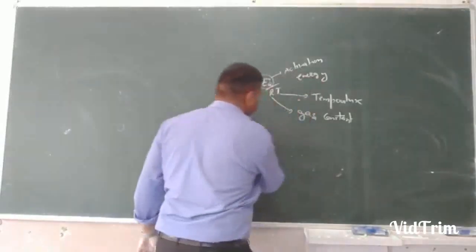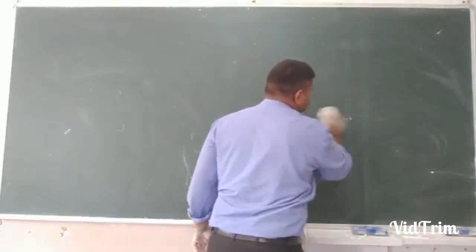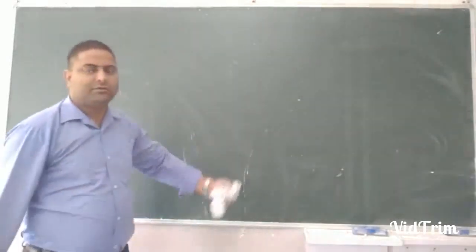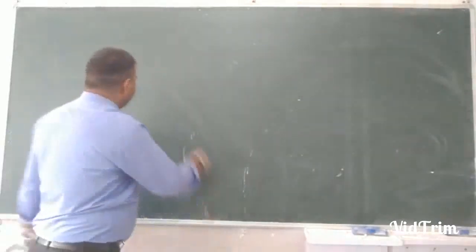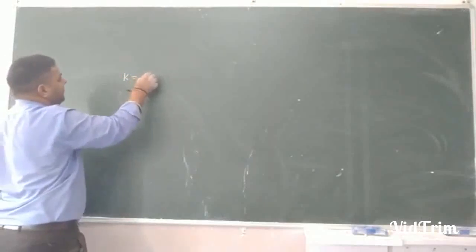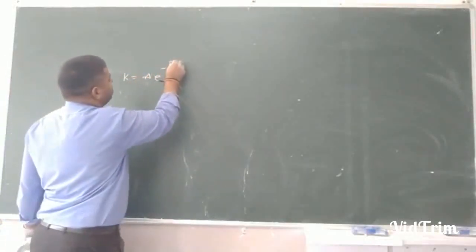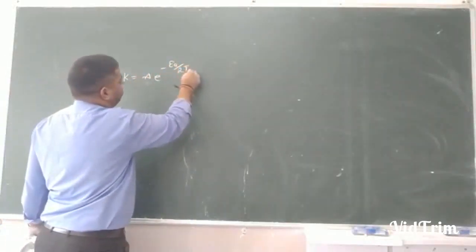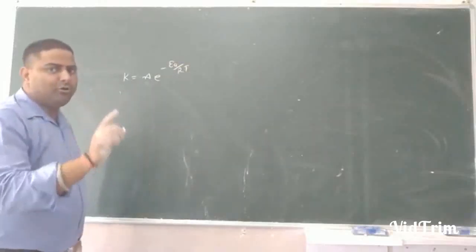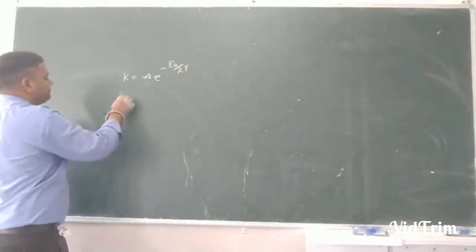Now, let us see how to use this equation. We know k = A e^(-Ea/RT). Let us take log on both sides.